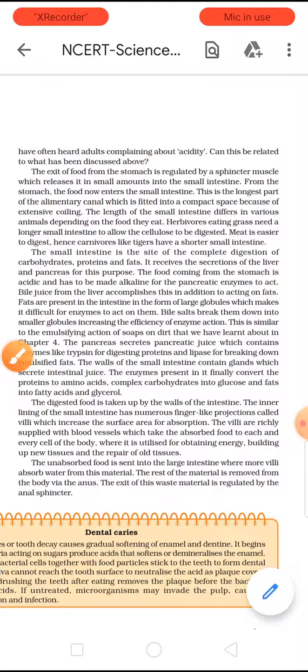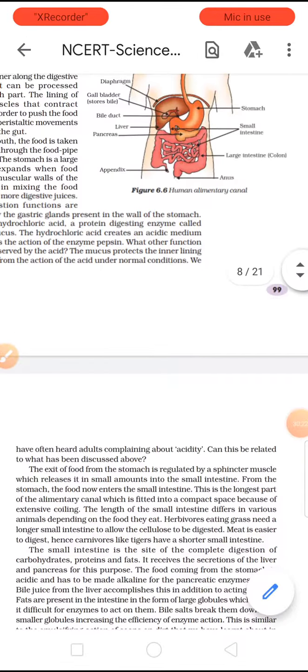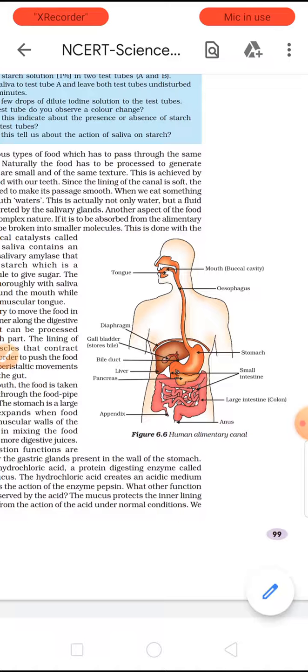Understood each and every topic? So with this, we finished with the alimentary canal of humans and digestion in humans, how exactly digestion in humans takes place.